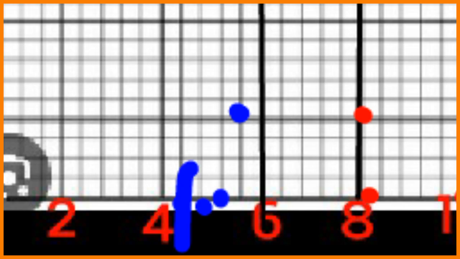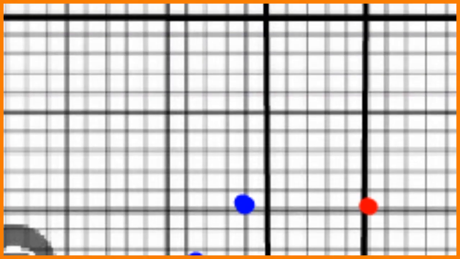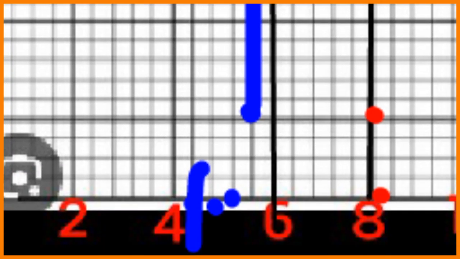So it's not up to 5.5. Then I'll say plus 0.4, it's actually 4.8, and it's also not up to 5.5. So I'm going to say again plus 0.4. It's 5.2. Now that's still less than 5.5. So say plus 0.4, 5.6.